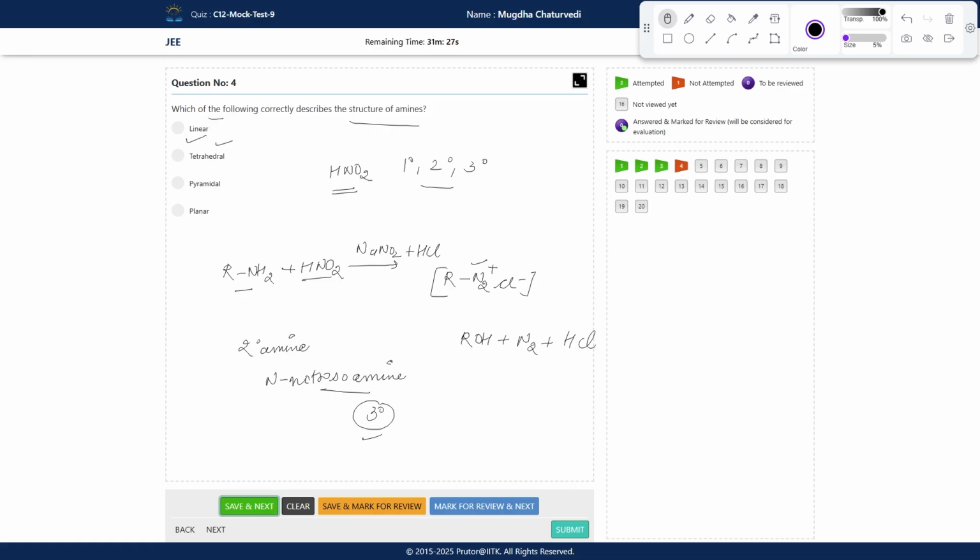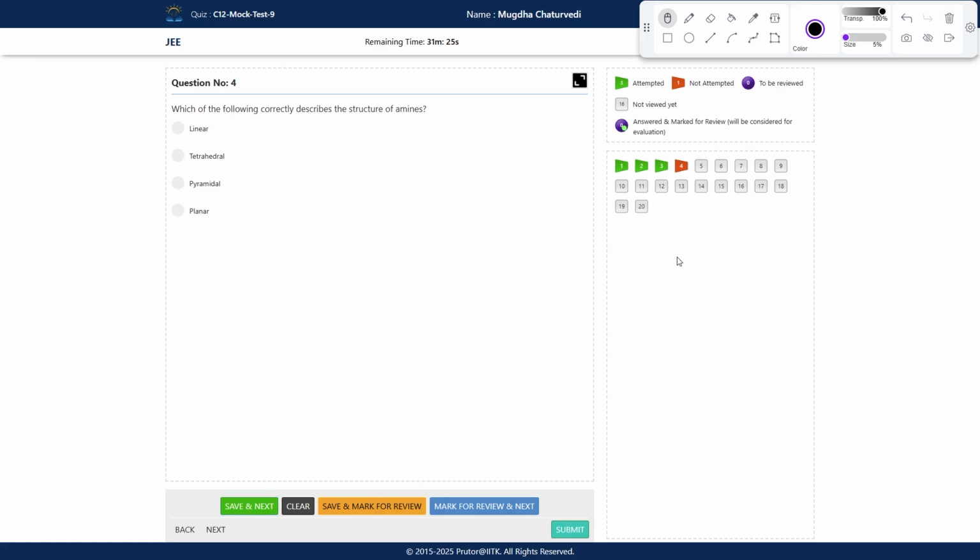Now the next question is: which of the following correctly describes the structure of amines? If I say the structure of amines, you will see here a nitrogen which has a lone pair and these hydrogens. If you see this structure, it is a pyramidal structure. So the correct structure which describes an amine is the pyramidal structure.